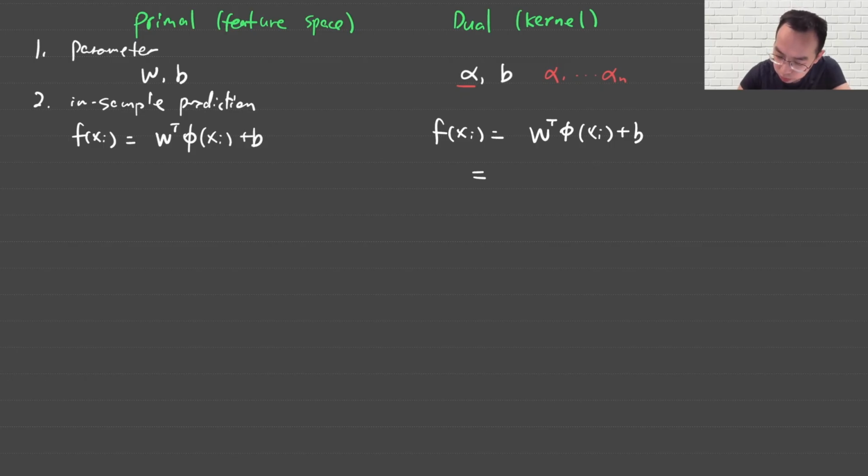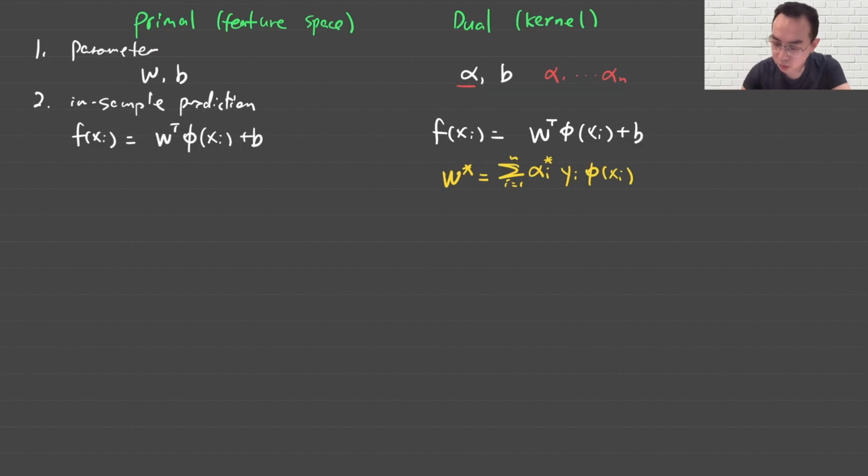Remember that we have this relationship: W star equals a summation, a linear combination of the training data points, alpha i star yi phi of xi.